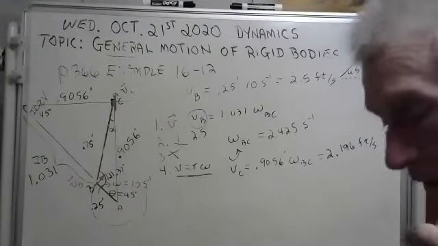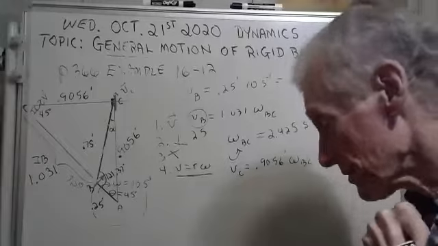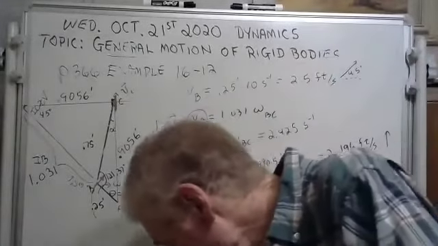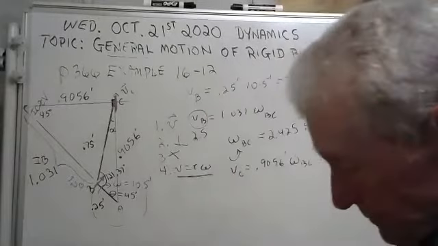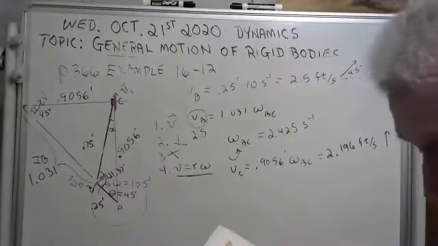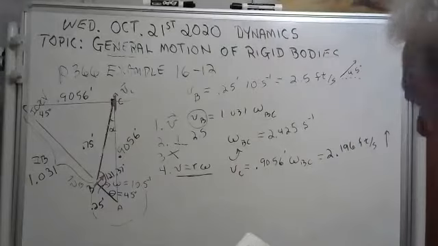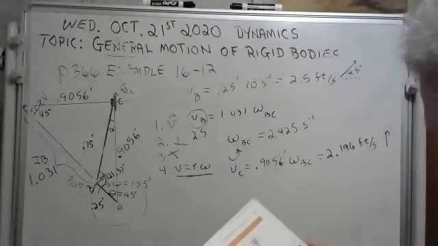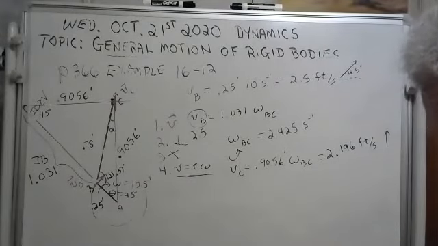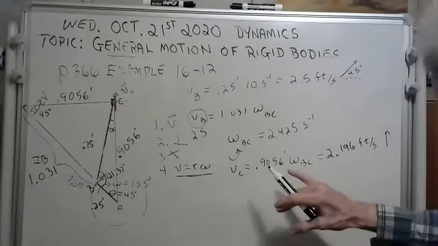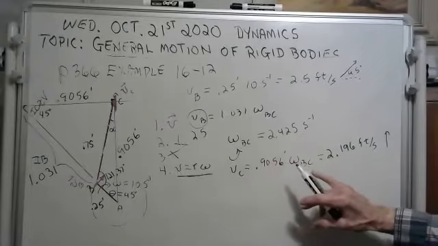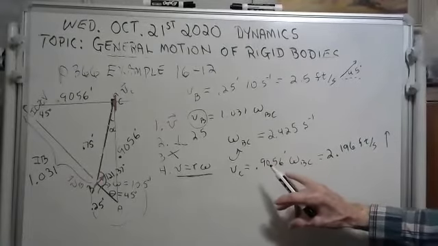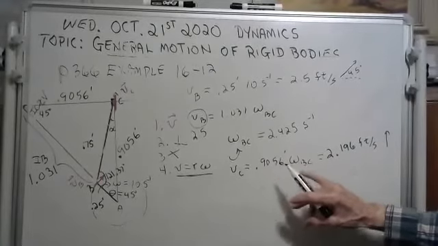Now let's see if that agrees with their answer. They did this problem. And look down here at the bottom. Oh, they rounded off. Look, they got the same numbers we have. They took the 2.425 and multiplied by 0.9056, just like we did.